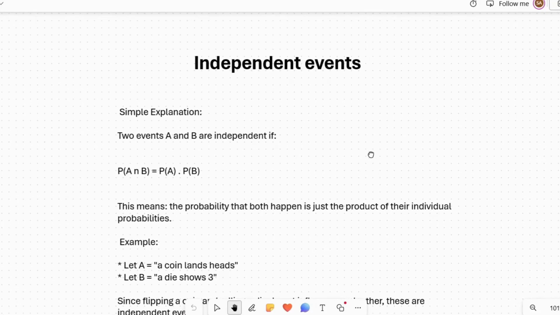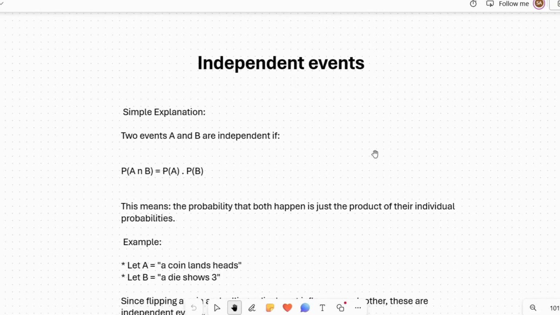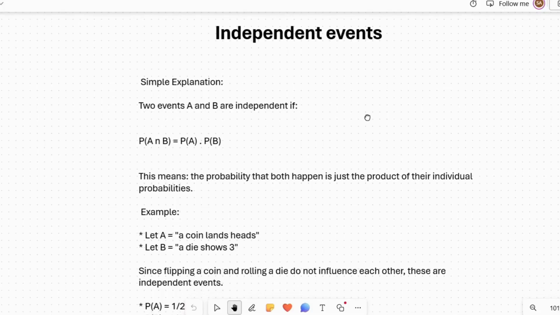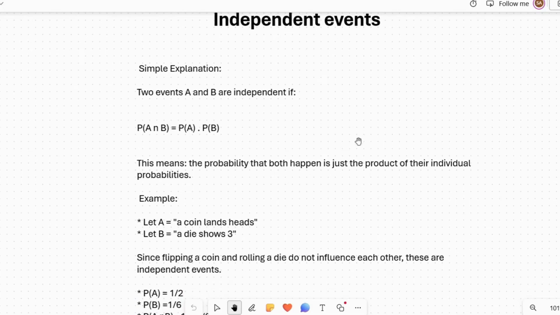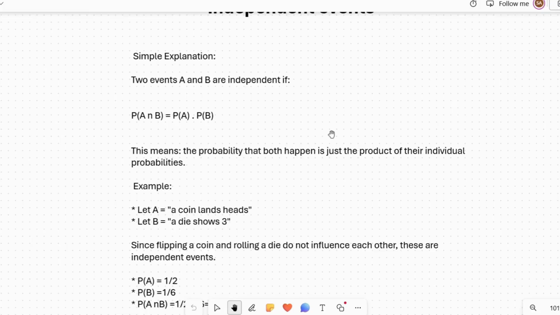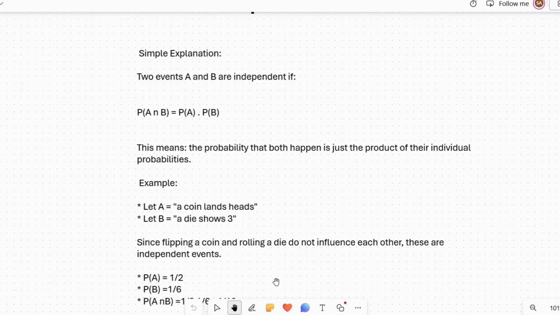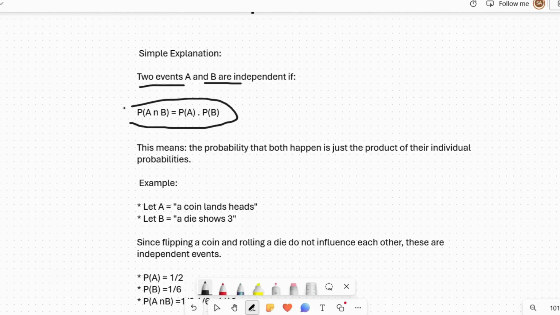In today's class we discuss independent events. So let's explore what an independent event is. Simply explained, two events A and B are independent if they satisfy this formula.